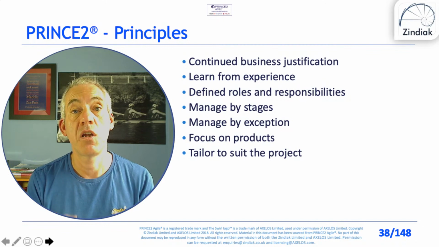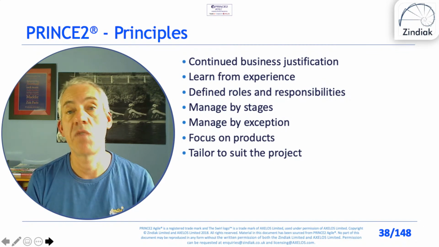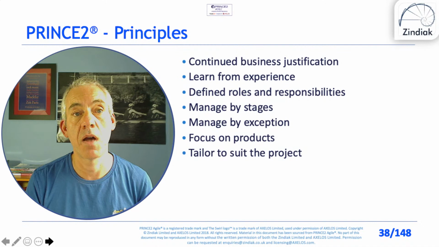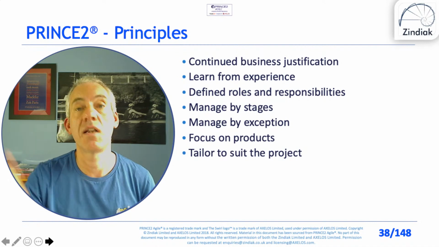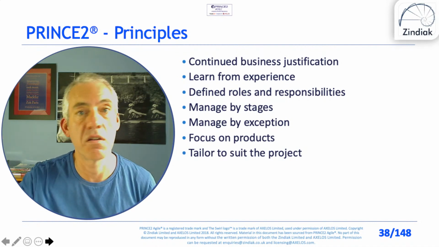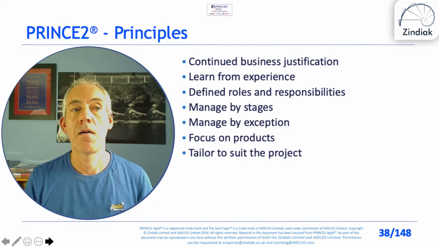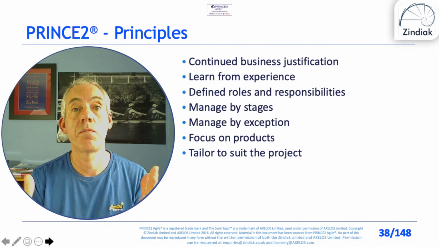If at any point you can't deliver, that's when you need to raise an exception. So the exception might be we're not going to deliver the benefits, or we can't deliver to the required quality, or we can't deliver the required scope, even using the tolerances that I've been given.